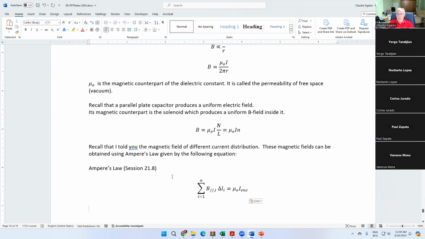This one here, you have to memorize that. Just to remind you, right? The equations for the other laws are those here.